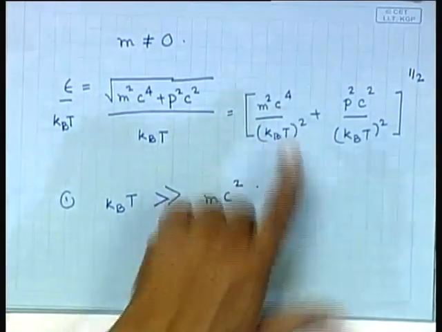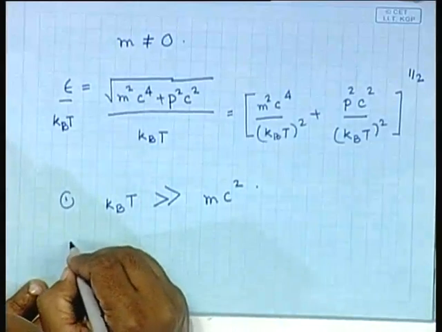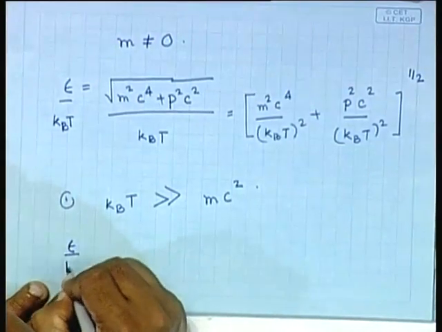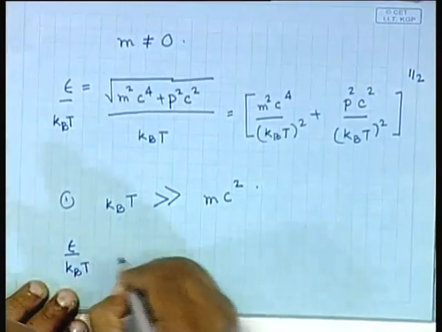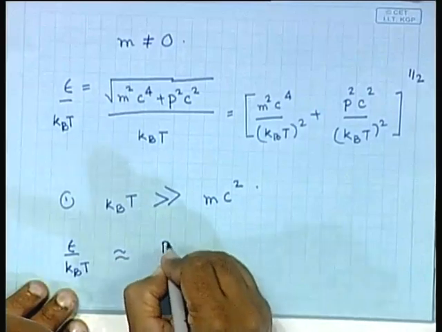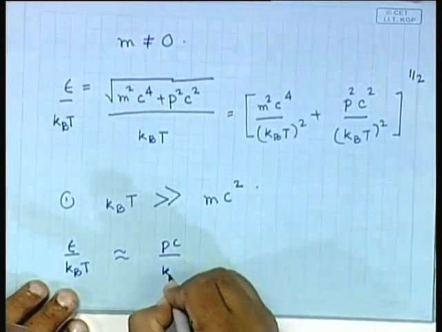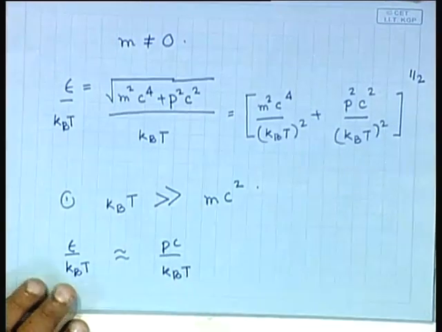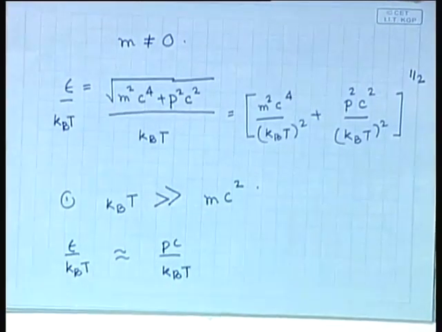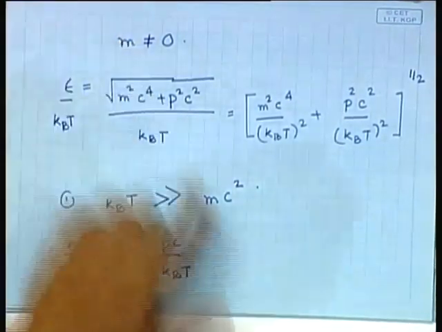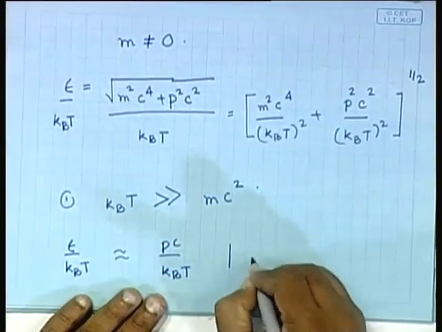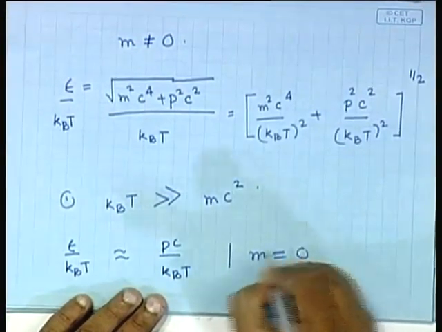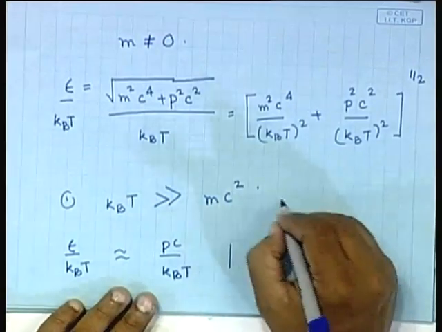So, this term can be neglected, and in this situation the energy is approximately equal to Pc by kBT. So, the mass of the particle is of no consequence, this is as good as m equal to 0. This is what is called relativistic.